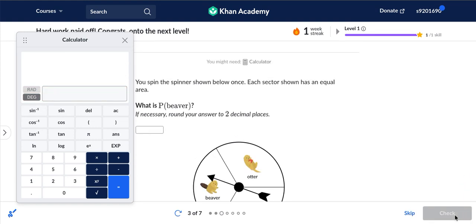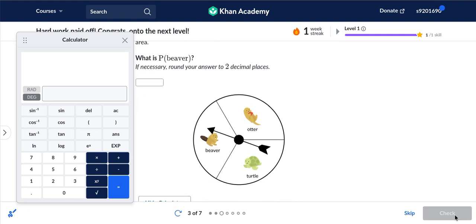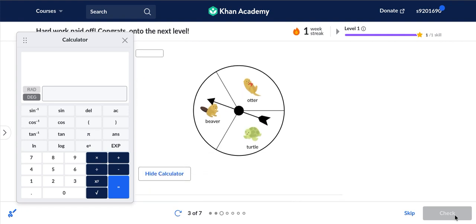You spin the spinner shown below once. Each sector shown has an equal area. What is P, beaver? If necessary, round your answer to 2 decimal places. So, remember, probability equals, we can't do this anymore.